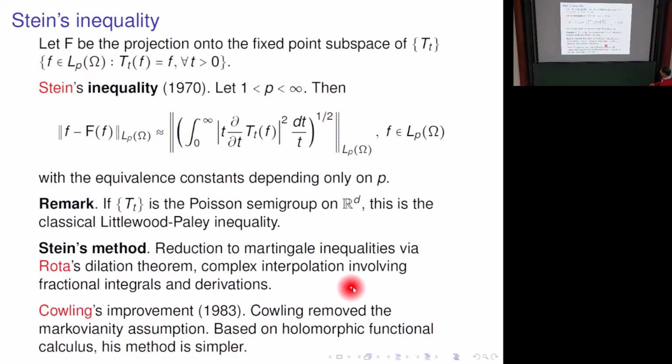But Cowling uses another proof. He just needs to suppose the semigroup is sub-Markovian. That means the norm of T_t on L infinity is less than or equal to 1.